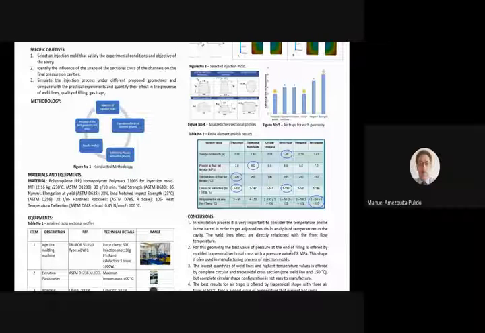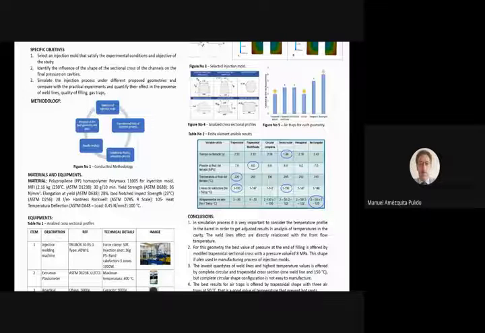Final pressure: the best was offered by trapezoidal and modified trapezoidal, with 8 megapascal at the end of the filling of the cavity. Temperature at the filling process: the best was the trapezoidal geometry with 220 degrees.